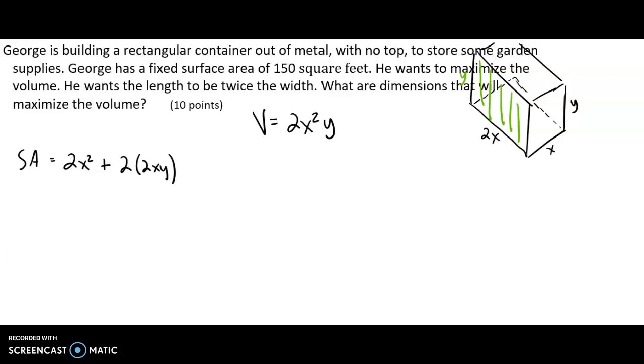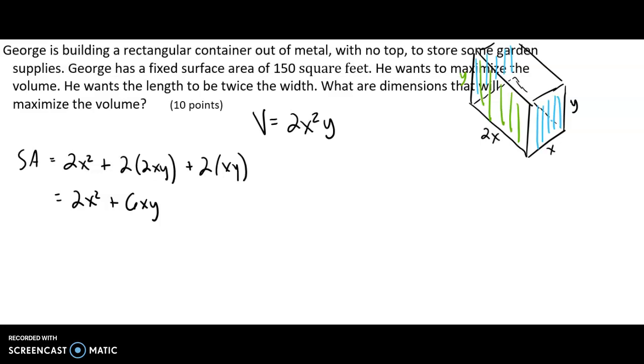And then there should be two of these, one here and one in the back, so that should be 2 times xy. All right, so that gives you 2x squared plus 6xy for the surface area.